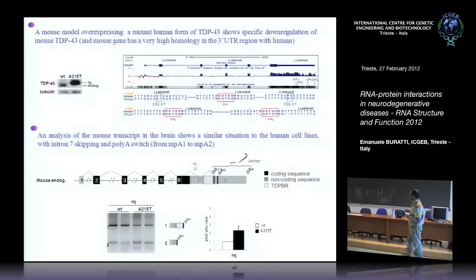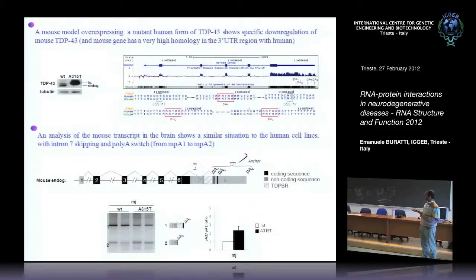And this activation of intron 7 skipping is something that you can actually also see in vivo in the brain of mouse models, because now there are several mouse models that have been appearing in the literature where they overexpress TDP43. Sometimes in the wild type, but other times in a mutated form.